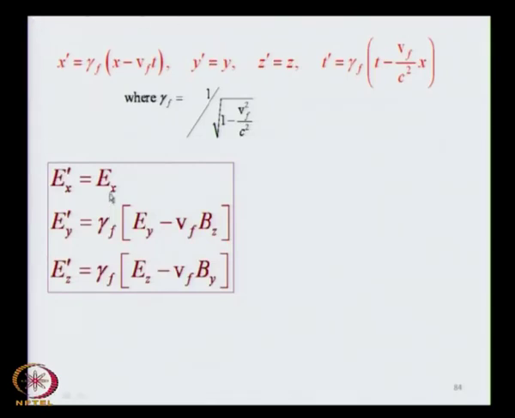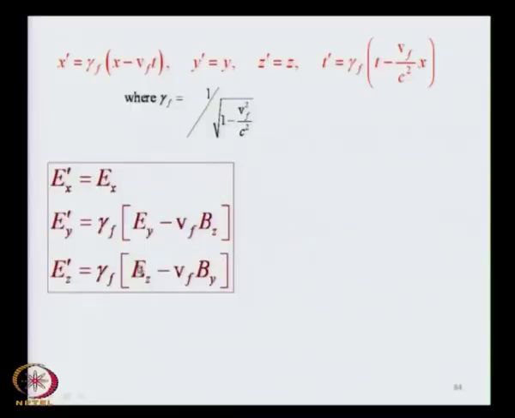So, what is Ex? Ex prime is the same as Ex, but Ey is not the same as Ey prime. Ey prime is made up of a mix of Ey and Bz, and then there is a scaling factor which comes from this gamma.